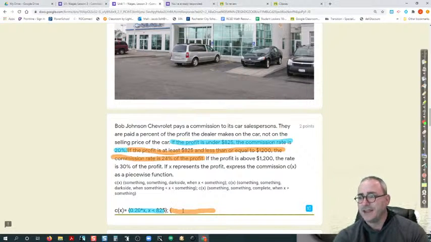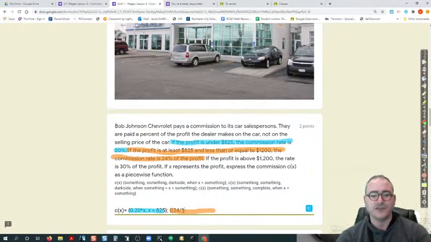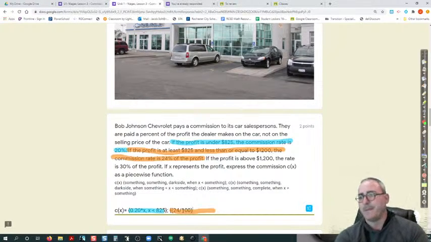All right, 24%. So I see that 24%, so I'm going to put 0.24. I'm converting that 24% into a decimal out of 1 in my head. If you don't want to do that, you could do 24 divided by 100, right? It's totally legit. Same thing as 0.24. I'm going to times it by x. And then how do I have to say this?